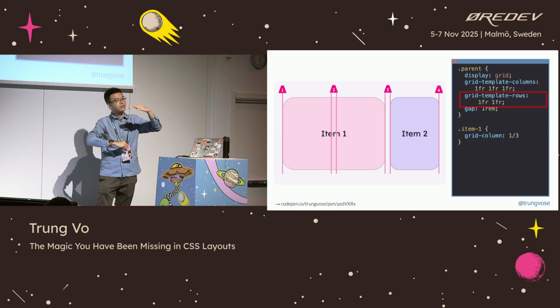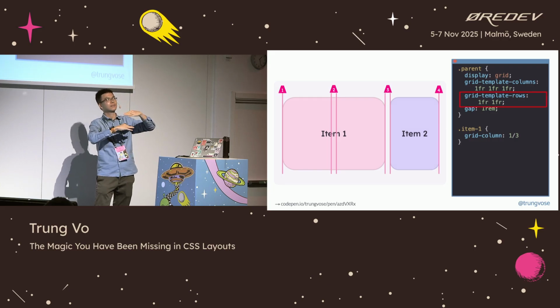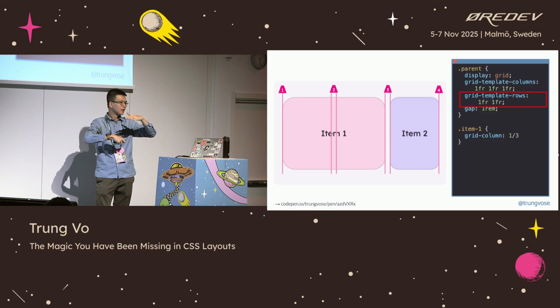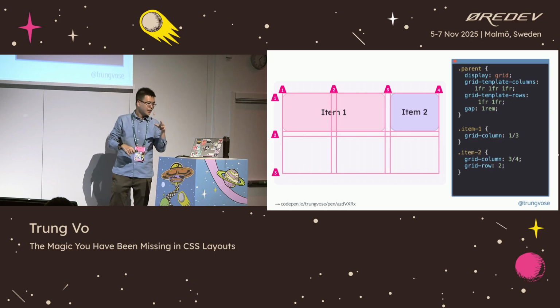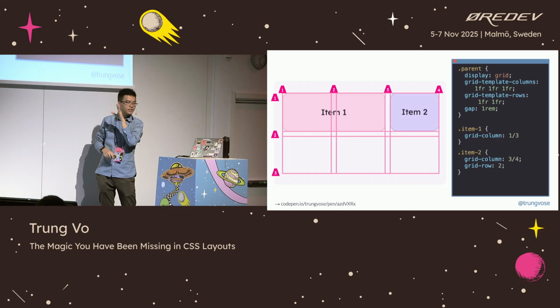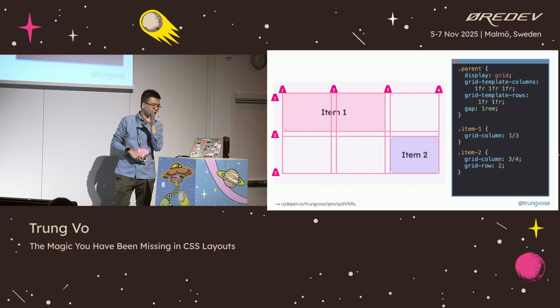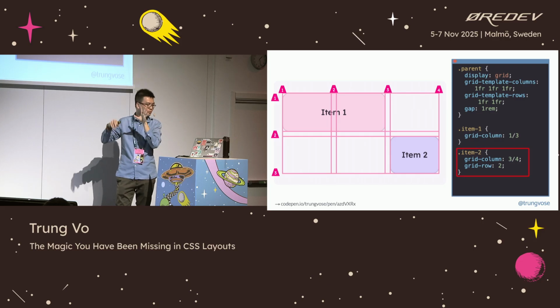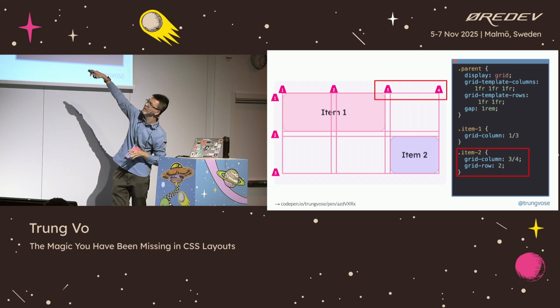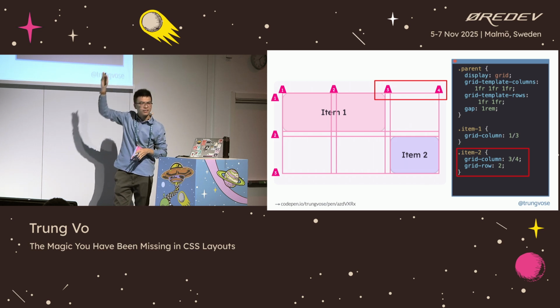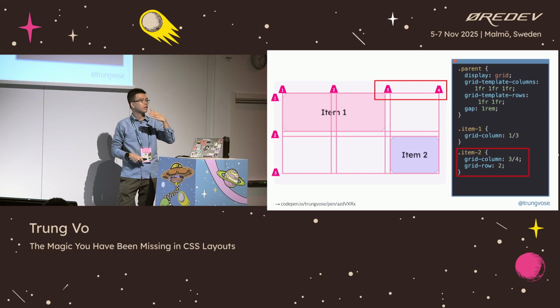So I put in 3 columns and 2 rows, which means now I have 2 rows. And I'm going to say, okay, I want my second one to be, now it really needs to be placed. So column 3 out of 4, which means at the end here, right, 3/4, and then I want it to be on row number 2.